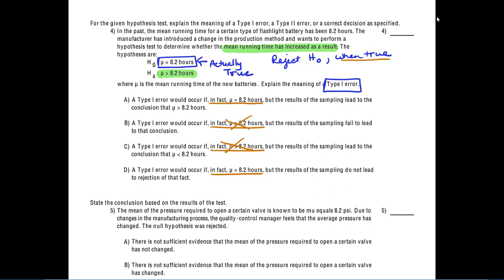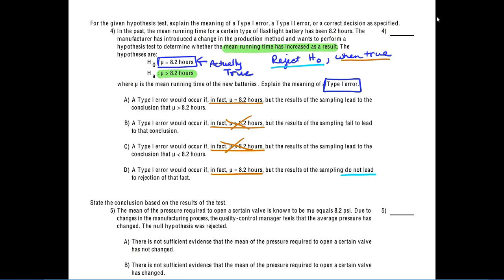Now I'm going to look at the rest of the statement. It says, but the results of the sampling led to the conclusion that mu was greater than 8.2 hours. Then looking at D, it says, but the results of the sampling do not lead to the rejection of that fact. But a type 1 error says reject the null hypothesis.